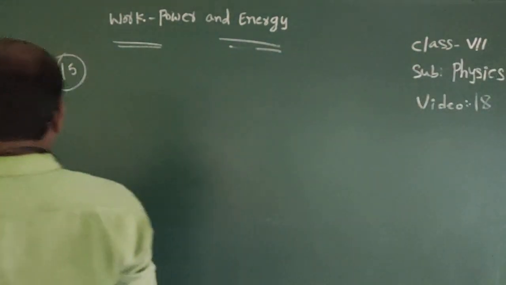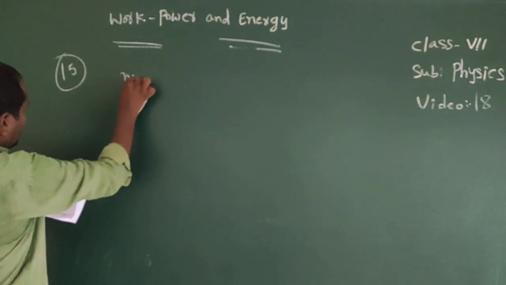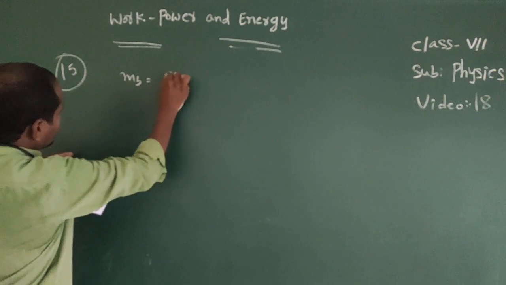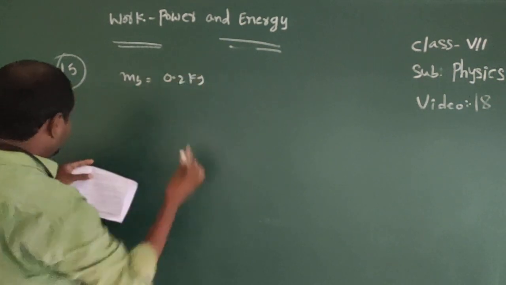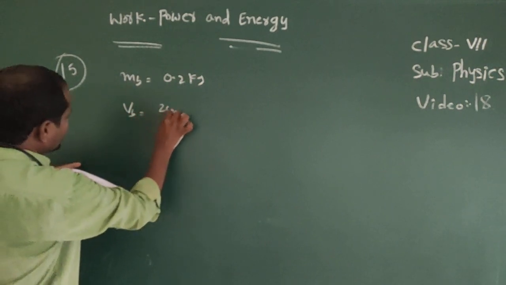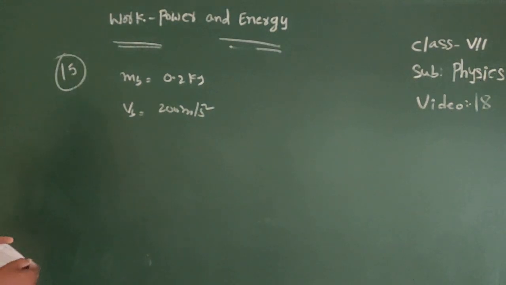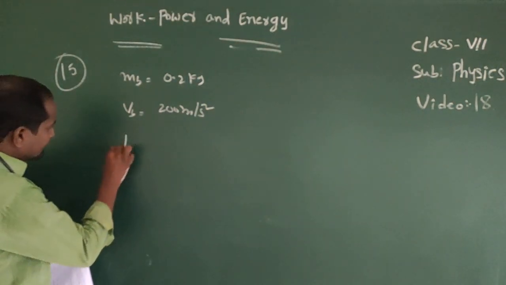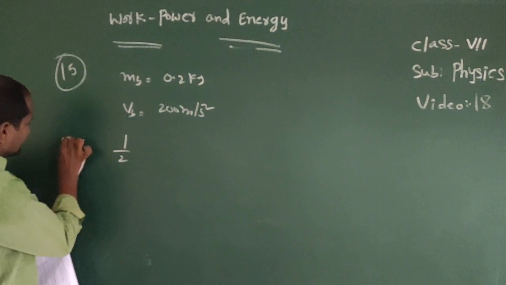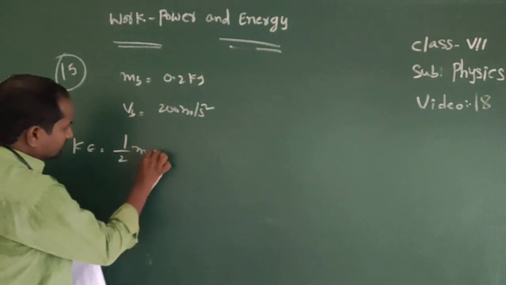A bullet of mass equal to 0.2 kg is moving with a velocity of 200 meter per second. It hits a stationary wooden target of mass 5 kg. Here we can find kinetic energy. So KE equal to half into m into v square.